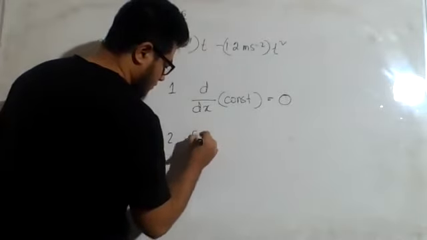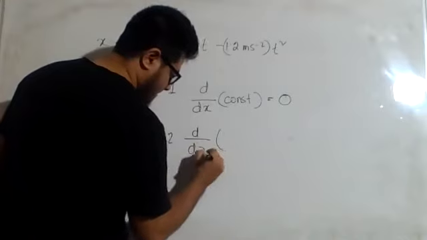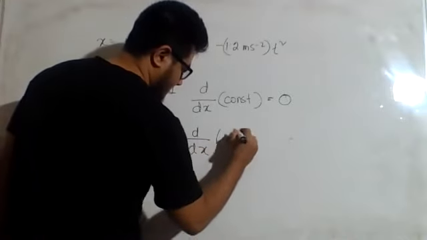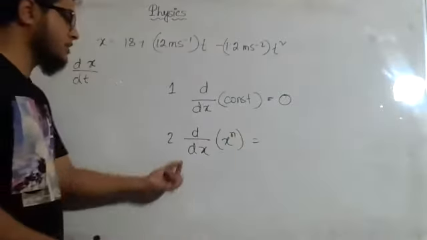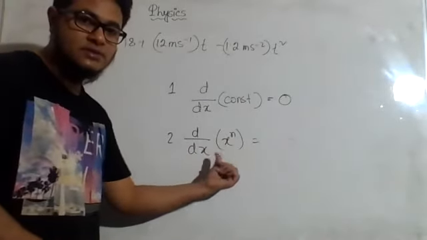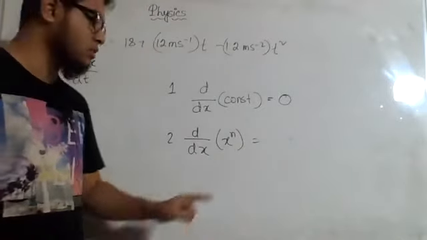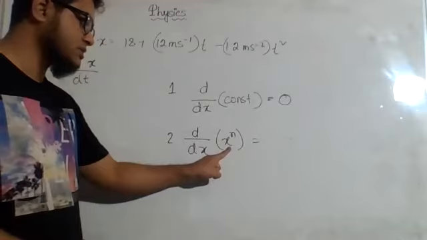Number two. Now let us say we are differentiating with respect to x, and here also we have x. The formula that I'm going to write is only applicable when these two are the same.